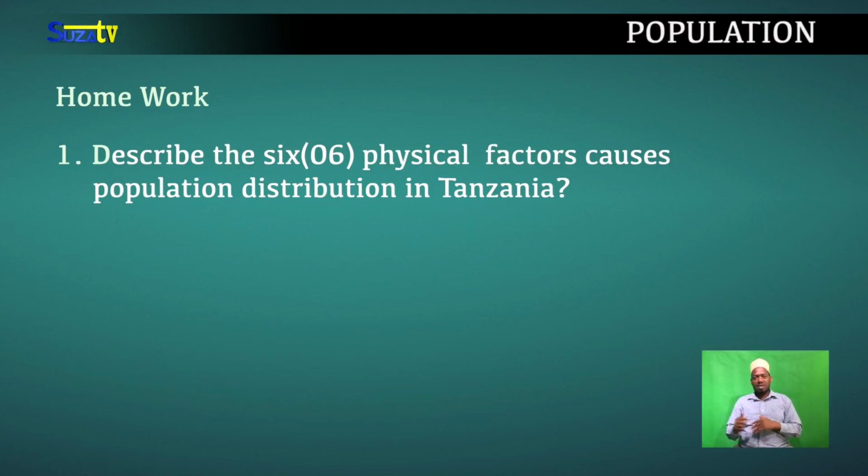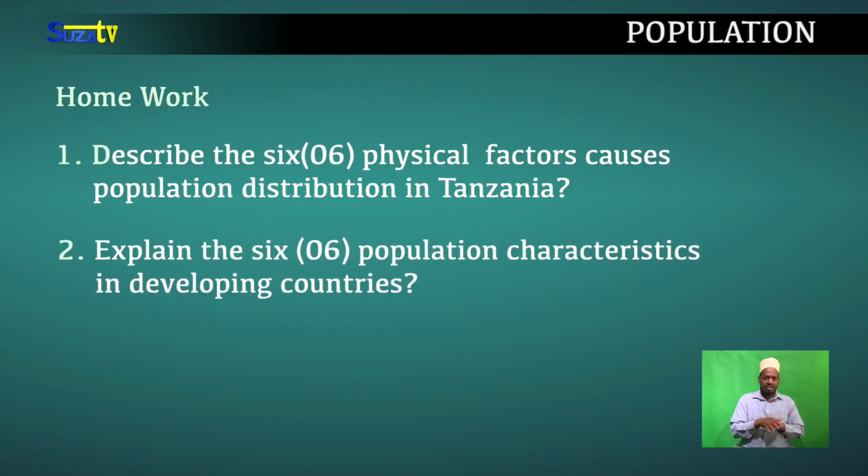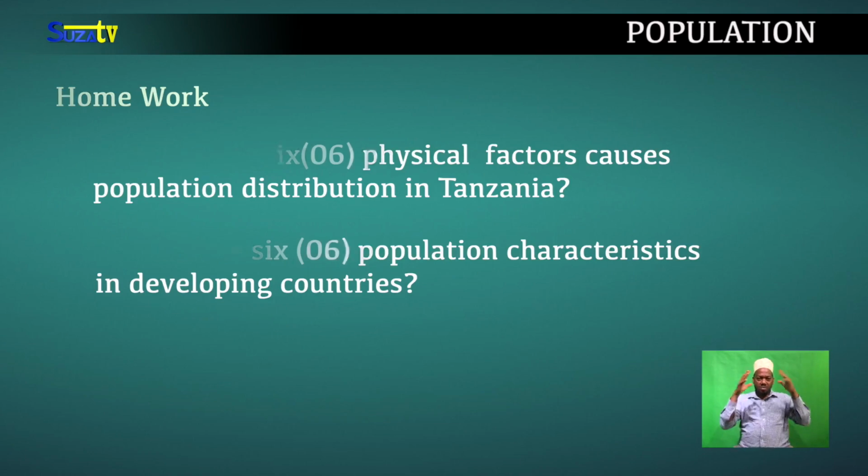I mean in Tanzania, not another country. The examples we need are only from Tanzania. And question number two: explain the six population characteristics in developing countries. In our lesson we discussed the general characteristics, but now I need only developing countries.